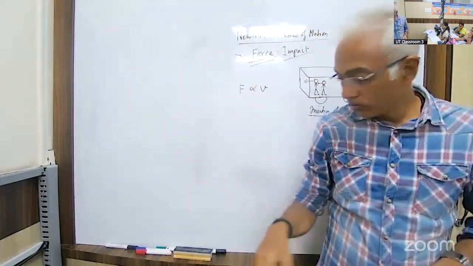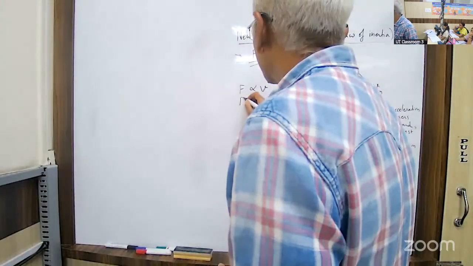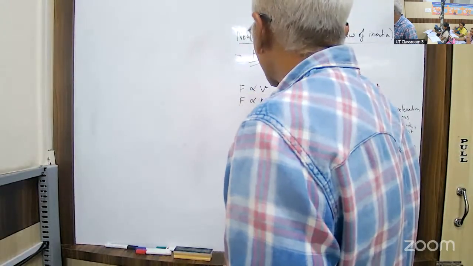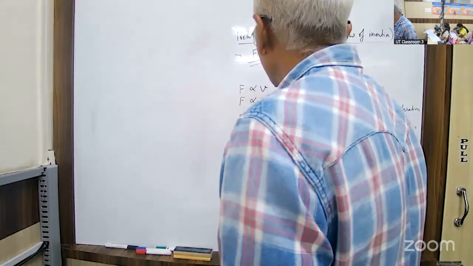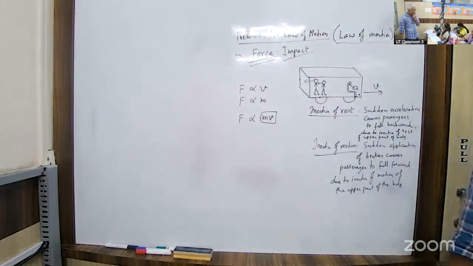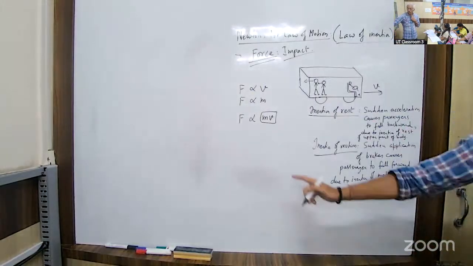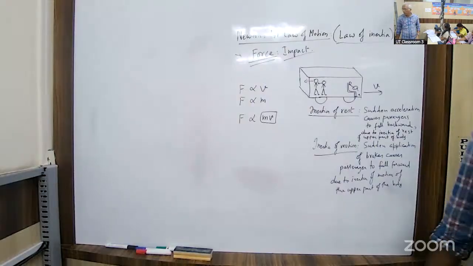Therefore this impact, which is force, also depends on mass. That means force depends on the product of mass and velocity, and this is called momentum. It depends on both, right?